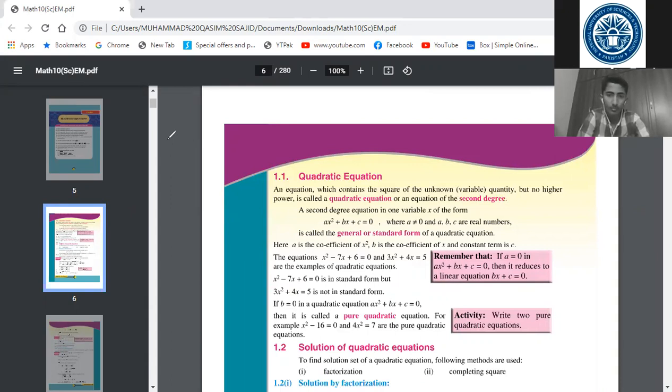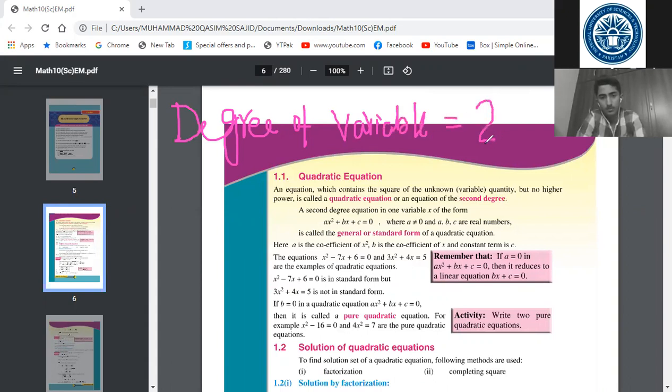A quadratic equation is an equation in which the highest degree of the variable equals 2.